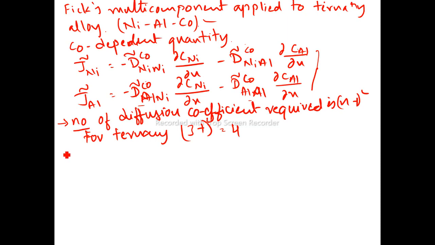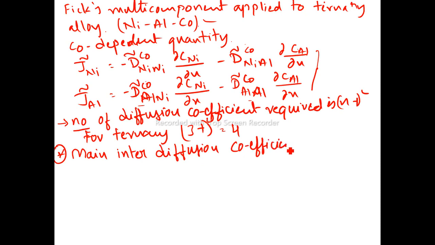Okay, as I said, we are taking two types of diffusion coefficients, that is main interdiffusion coefficients, where both indices are the same, that is i equal to j.